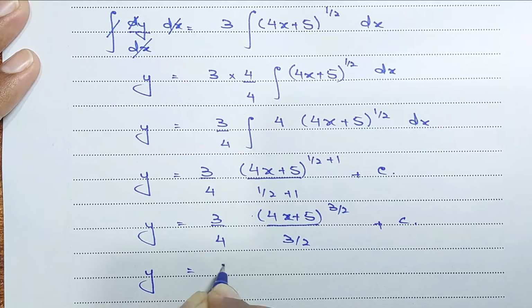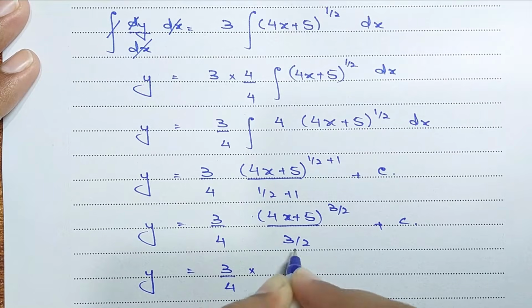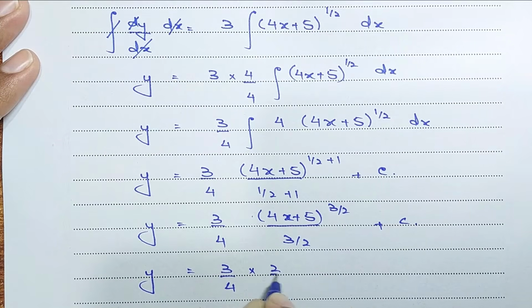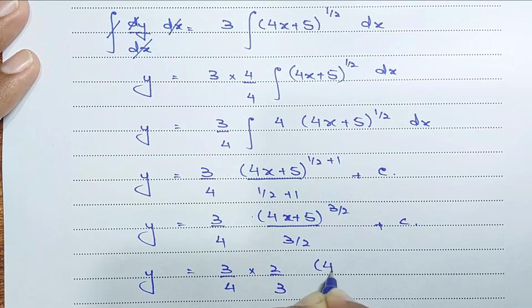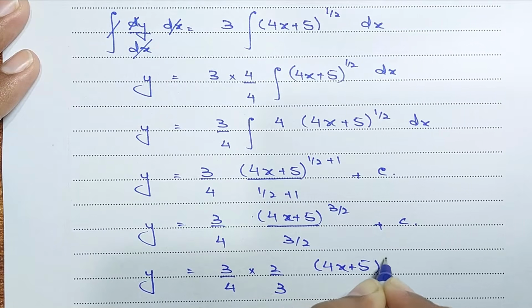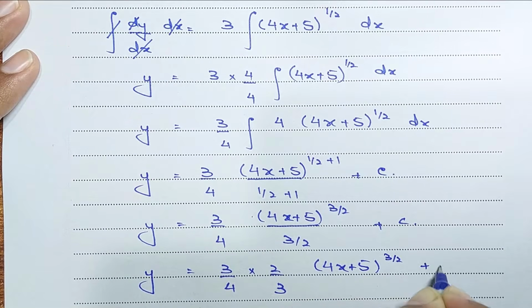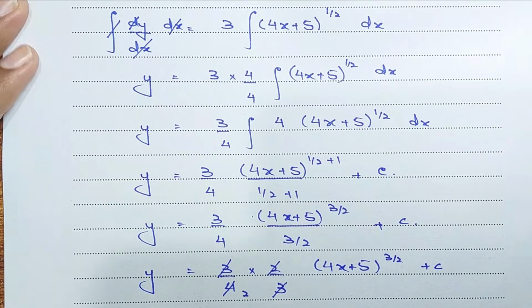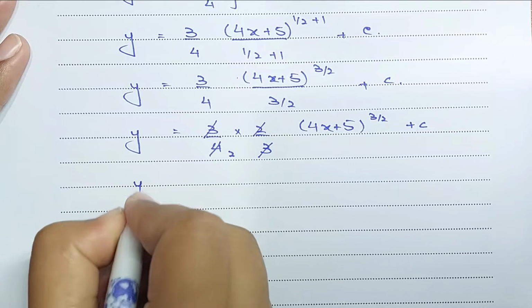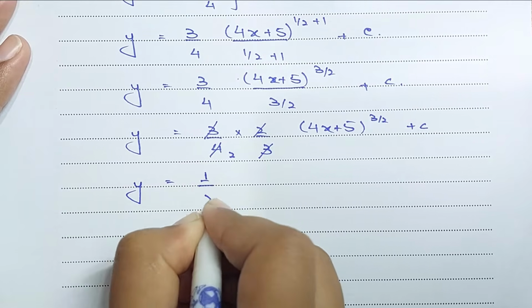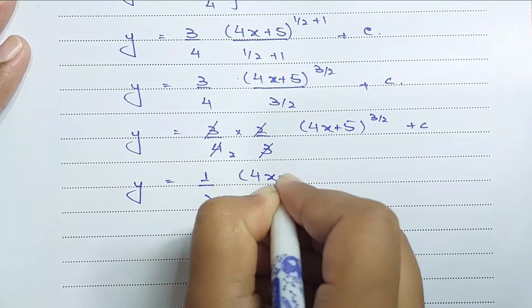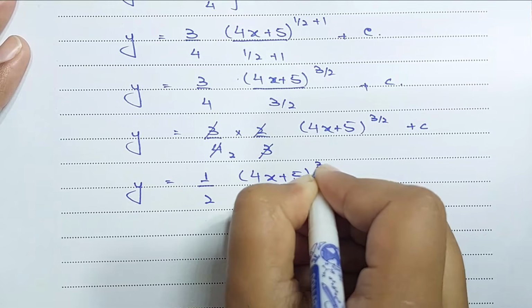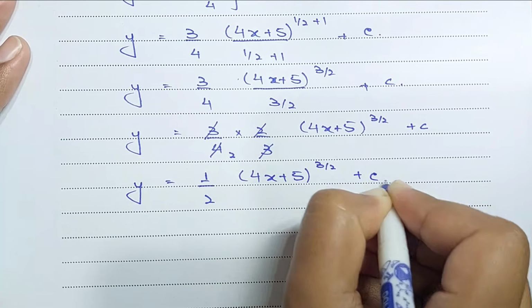So y equals 3 by 4 times the reciprocal, 2 by 3, and (4x plus 5) to the 3 by 2, plus some constant of integration. 3 is cancelled with 3. 2 times 2 would be 4 and 1 by 2 is the answer. So y equals 1 by 2 into (4x plus 5) to the power 3 by 2, plus some constant of integration.